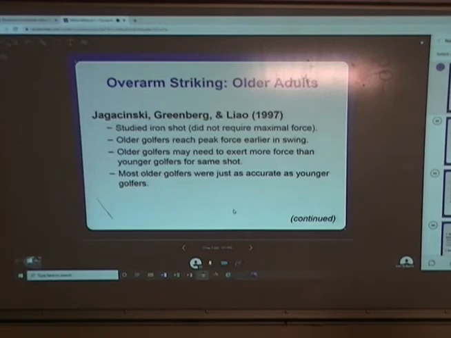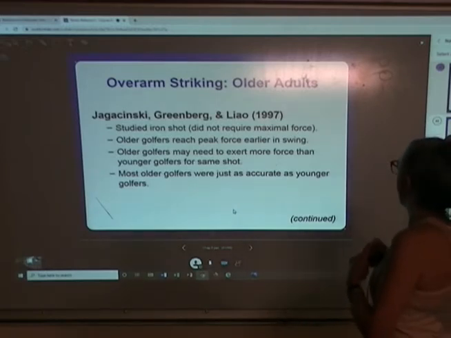Now again, I don't know why you're looking at a golfing shot as overarm striking. That isn't overarm striking. So I think the take-home message here is there's very, very little research on any kind of striking pattern in older adults. So they've resorted to a golf study, even though that's not under overarm striking.